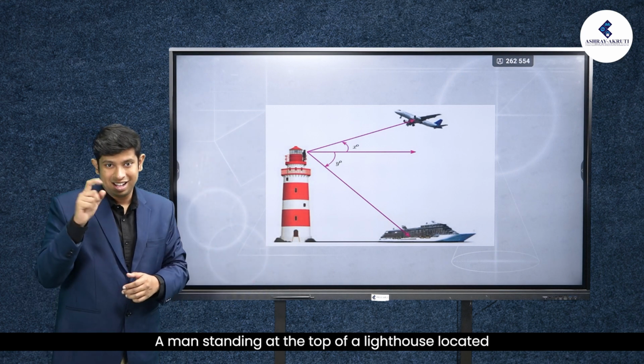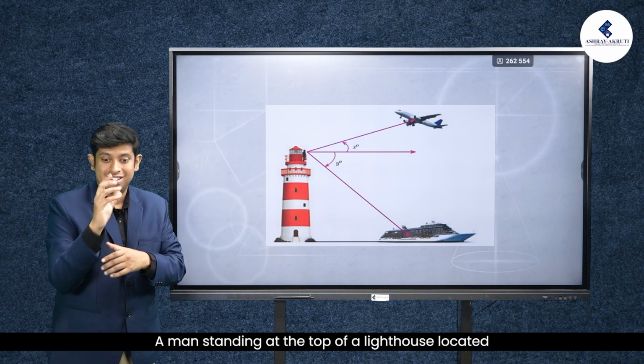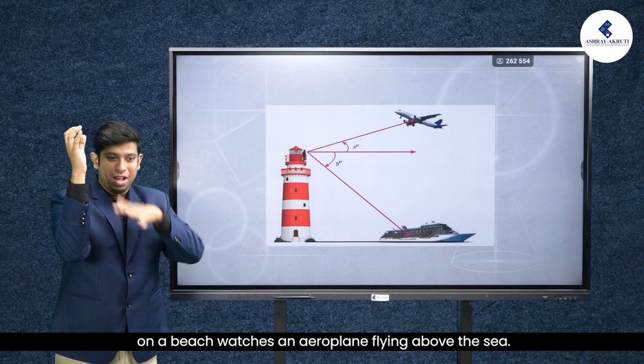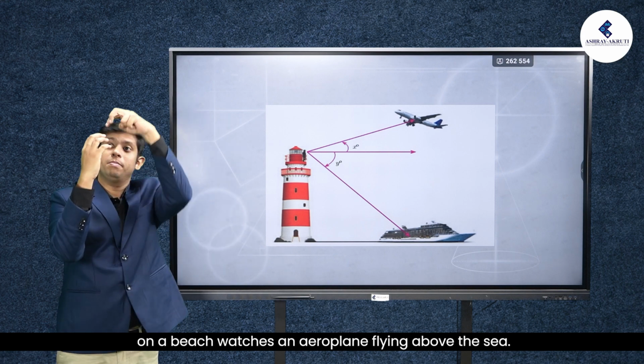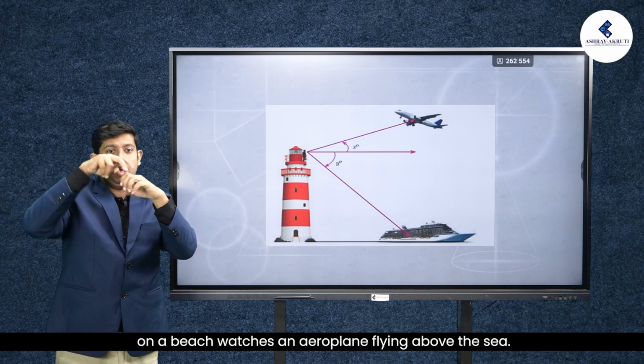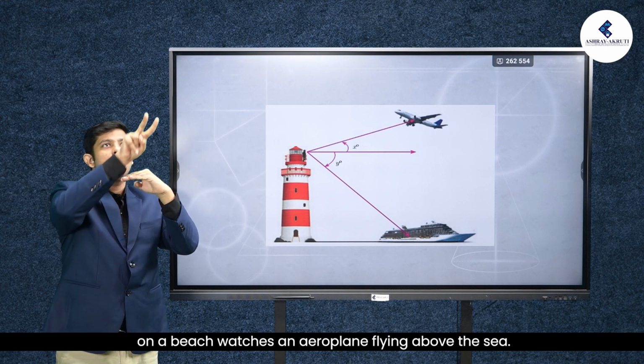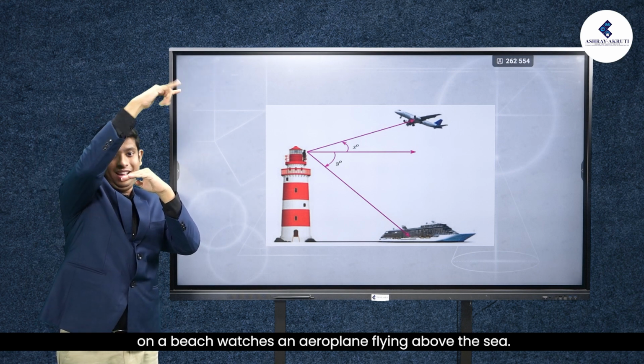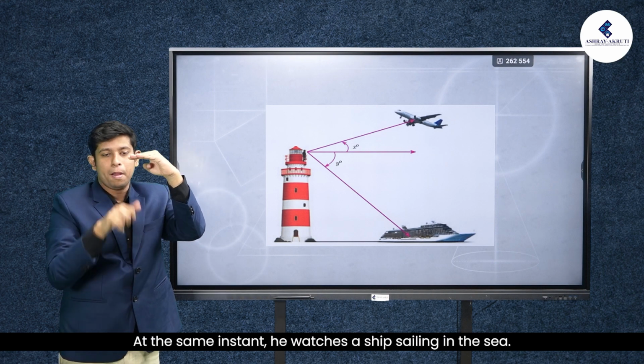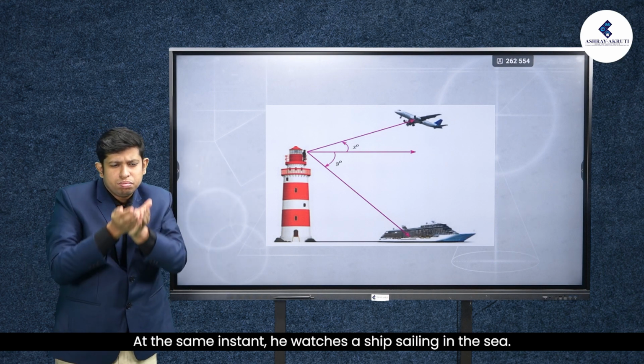A man standing at the top of a lighthouse located on a beach watches an aeroplane flying above the sea. At the same instant, he watches a ship sailing in the sea.